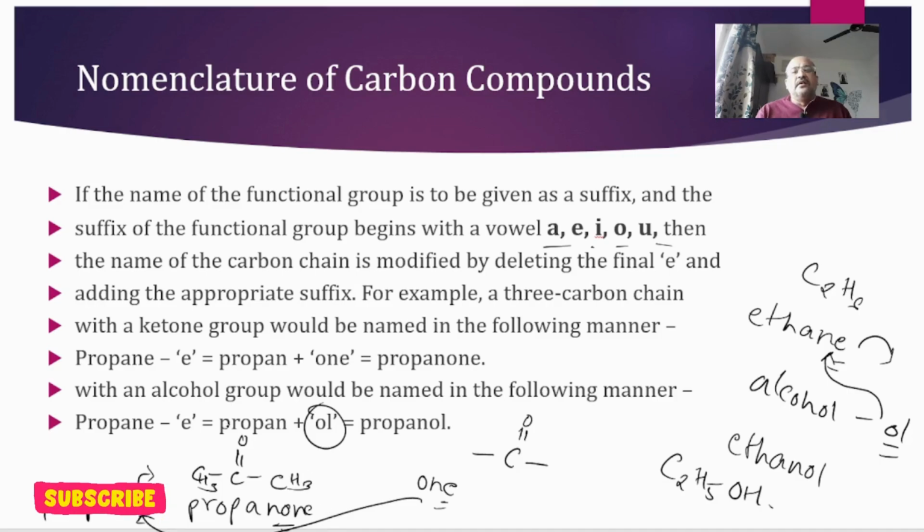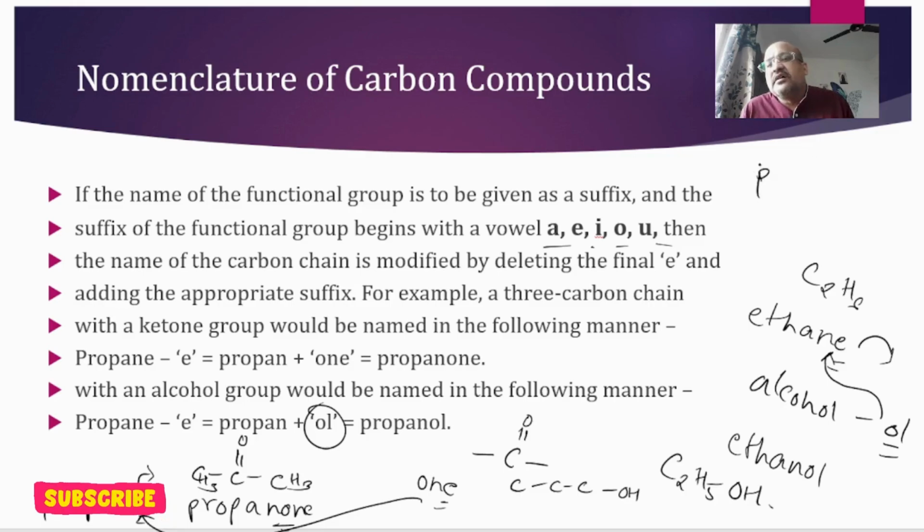Now see here, propanol. In this case, what I have got is carbon, carbon and carbon. Here one OH is attached. So this E, which has been replaced by OL.